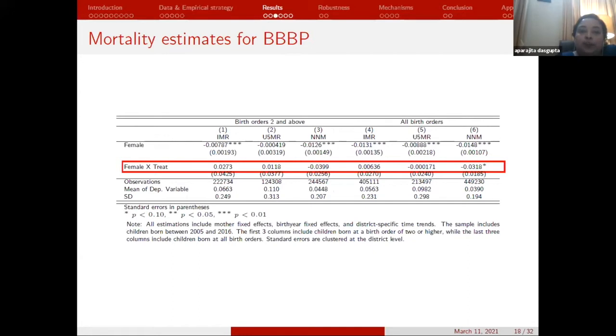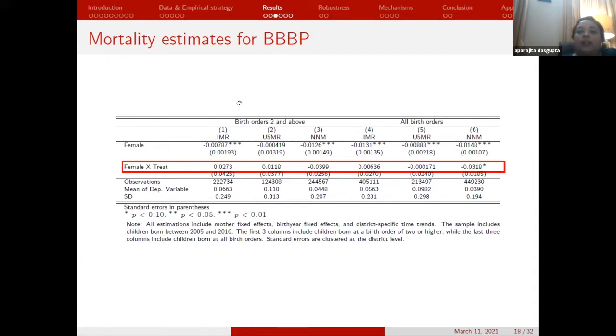Let me show you next the mortality estimates for the B3P program. At the outset, we must mention that this is a fairly recent policy, and whatever we are finding here is a very short run result, the first estimates, if you will.